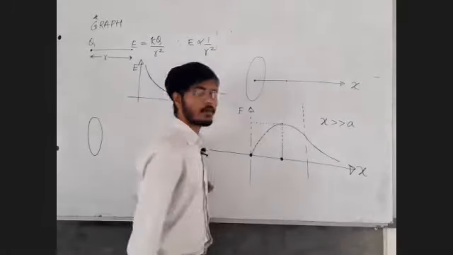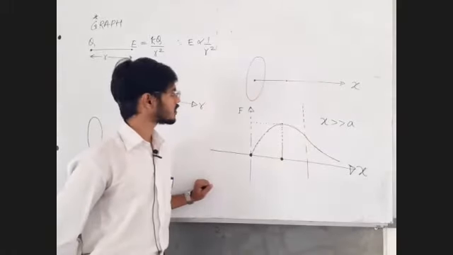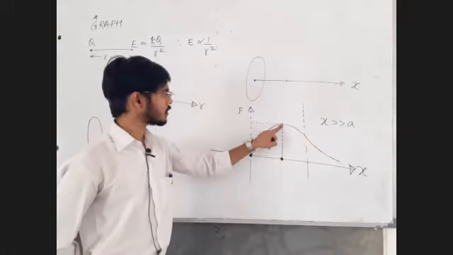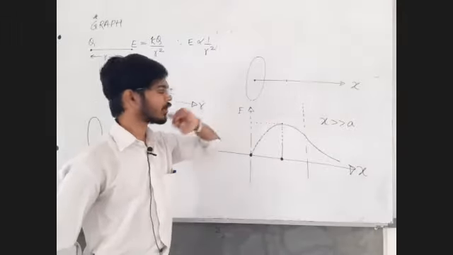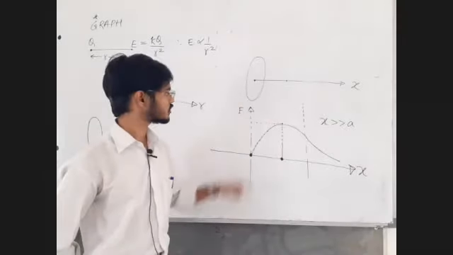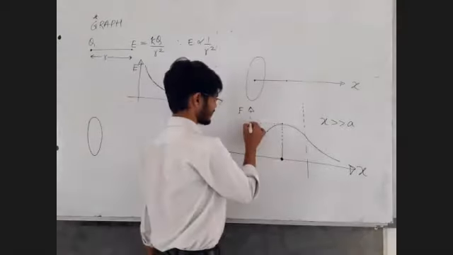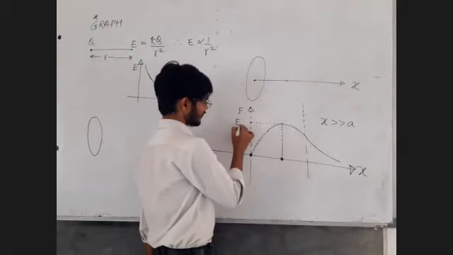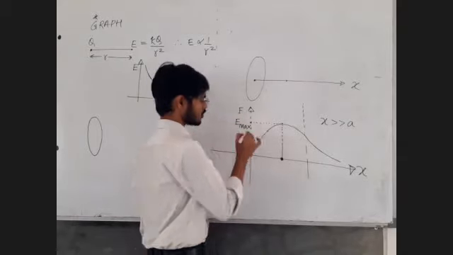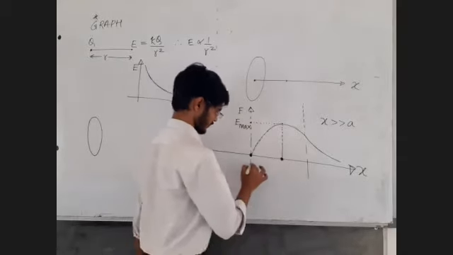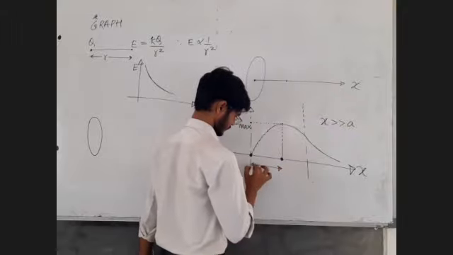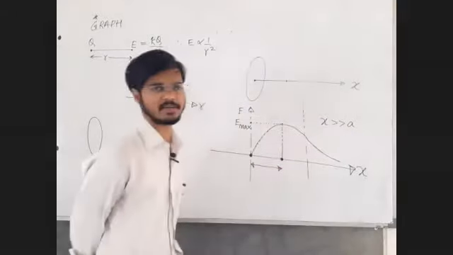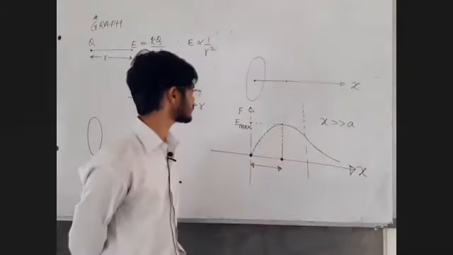Fine. So let me repeat the point. Sir, at some particular value of x, that is distance on the axis, the electric field is maximum. Yes, it is maximum. Then, sir, what is the distance? Now that becomes the maxima minima problem.